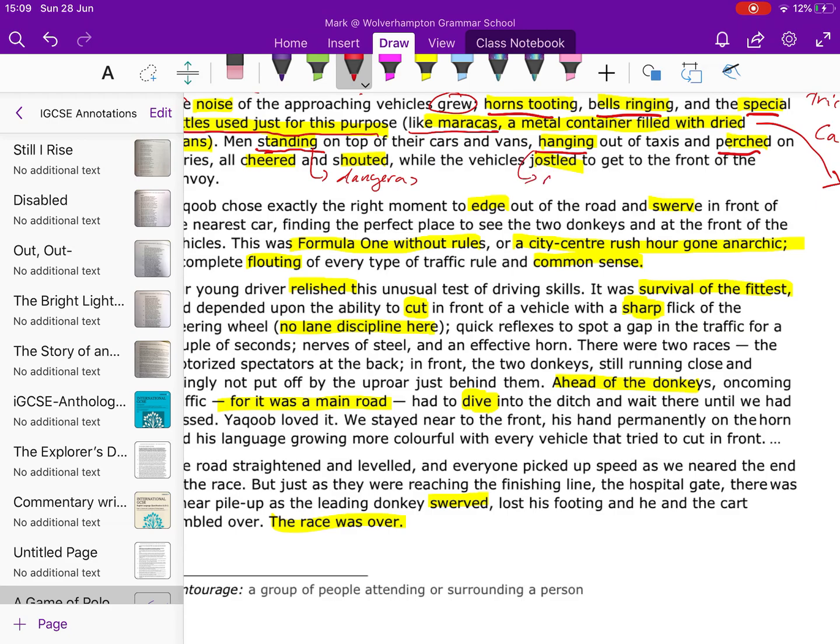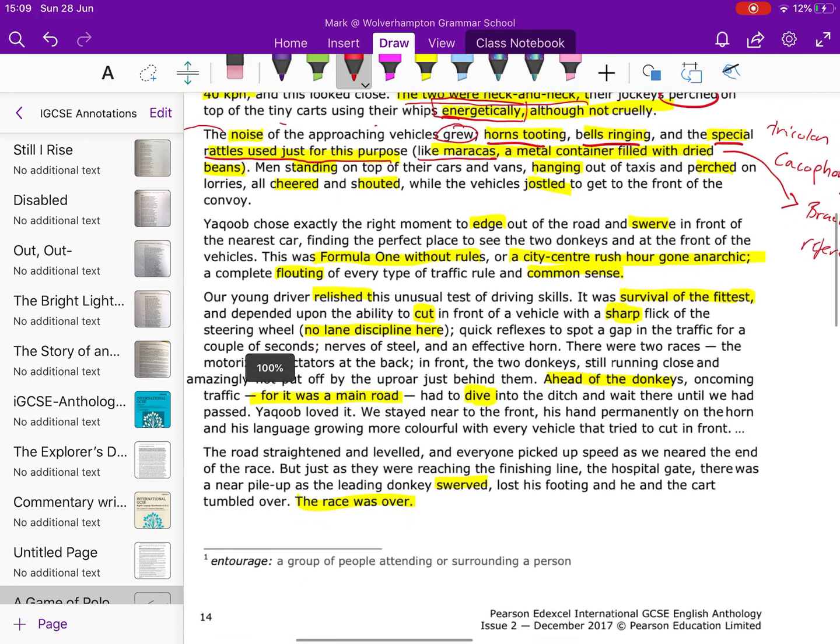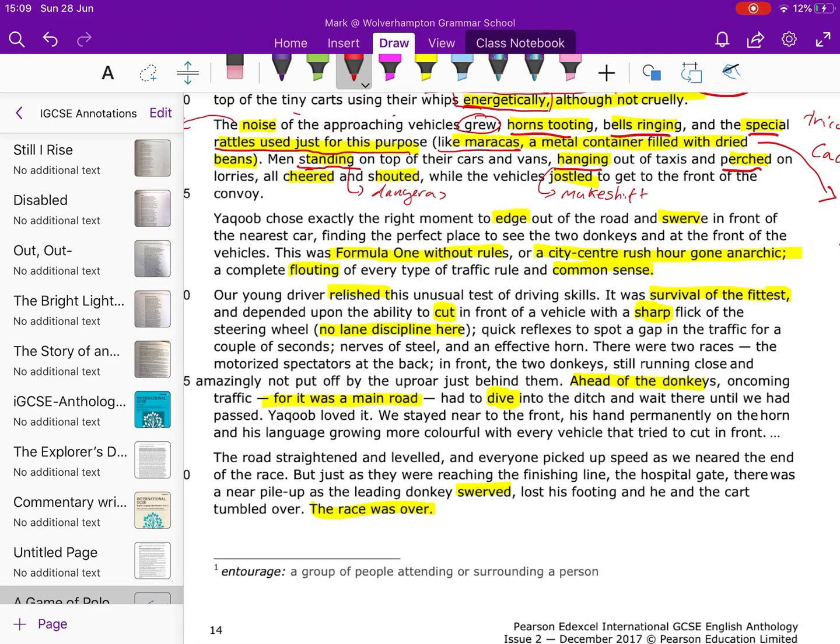They're hanging out of taxis, so it's very makeshift. This isn't a professional race with lots of seating and stands around the sides of the track like you would get at a professional race. This is very makeshift. It's very amateur, and as a result of that, it's very dangerous.